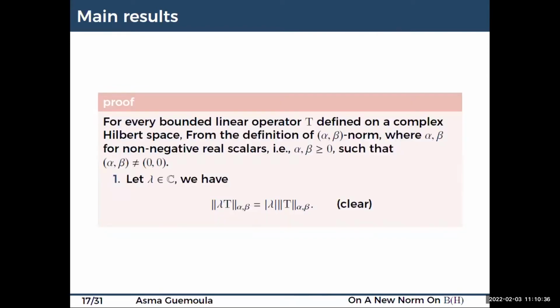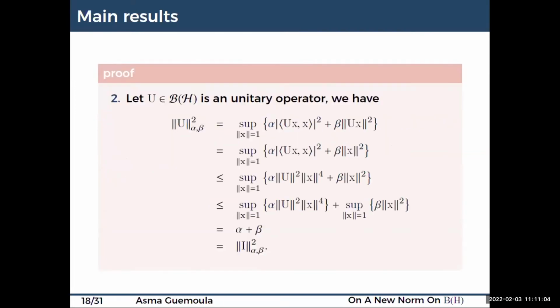For every bounded linear operator T defined on a complex Hilbert space, from the definition of the alpha-beta norm, where alpha and beta are non-negative real scalars, not both nil. 1. Let lambda be a complex number, we have this equality, which is clear. 2. Let U in B(H) be a unitary operator. By using some equalities and inequalities, we get the required inequality.